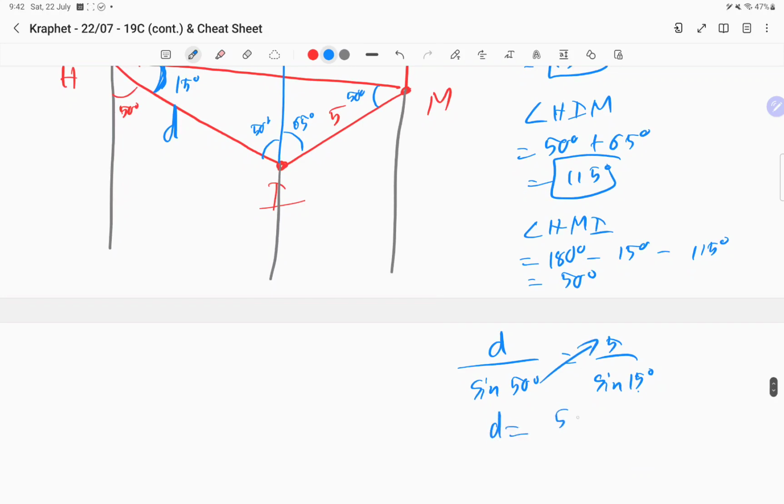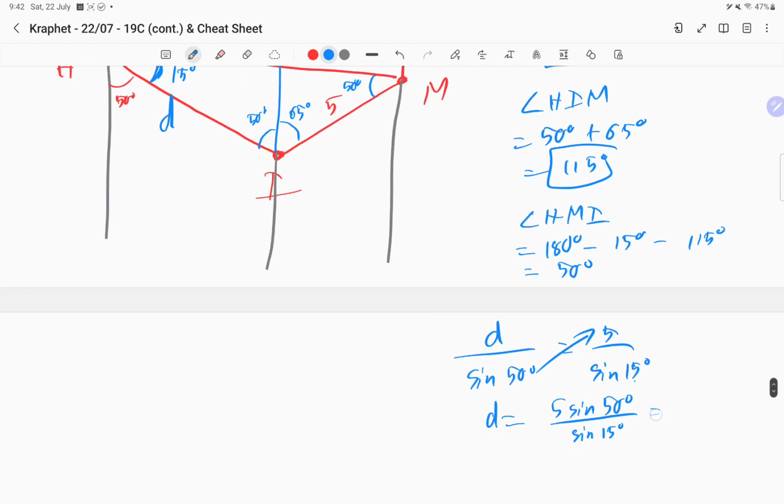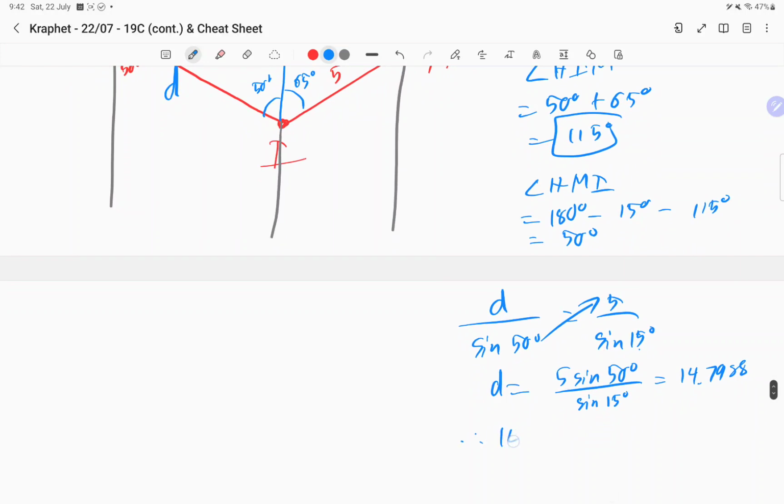So d would be 5 sine 50 over sine 15 degrees. Punch that in and you should get your answer. So that would be 14.7988, and so the answer will be 14.80 kilometers.